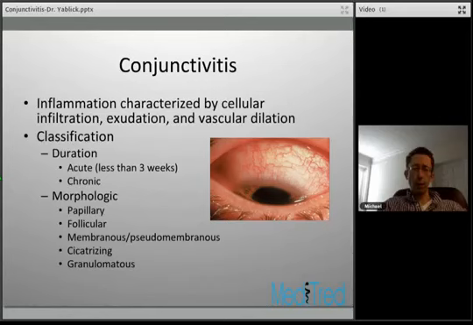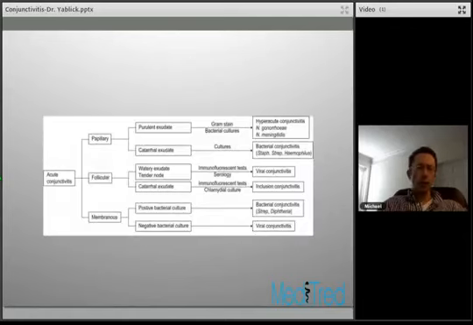This is sort of a basic flow sheet that breaks down acute conjunctivitis into its various morphologic forms. You have a papillary conjunctivitis, a follicular conjunctivitis, and a membranous conjunctivitis.